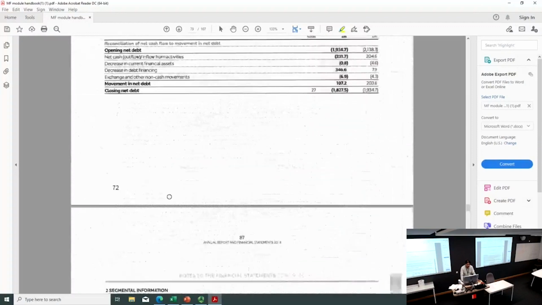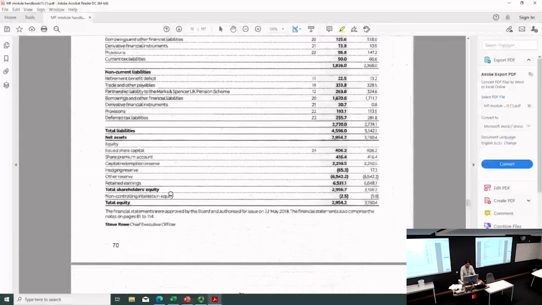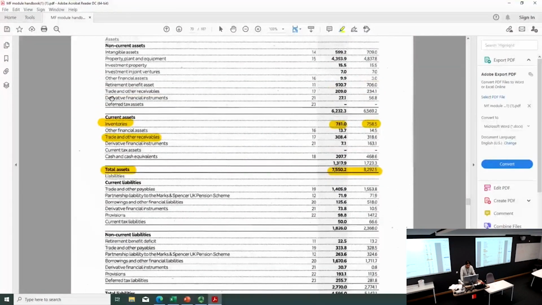Going to my balance sheet, we can see that they have trade and other receivables in the current assets, and they also have trade and other receivables in non-current assets.